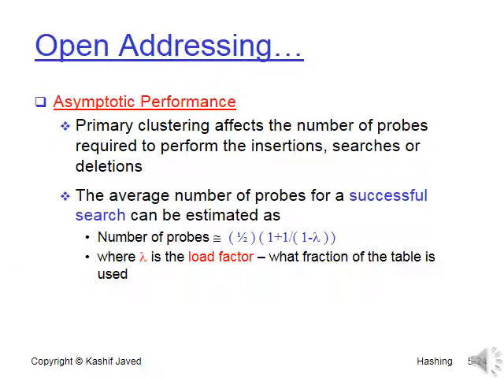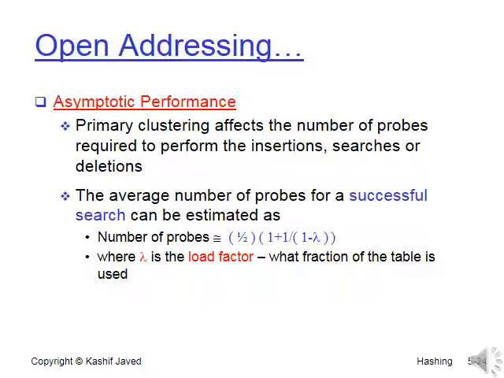For the asymptotic performance of open addressing with linear probing, primary clustering affects the number of probes required to perform insertions, searches, or deletions.